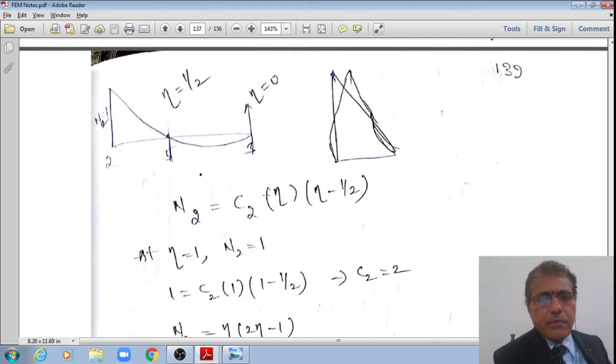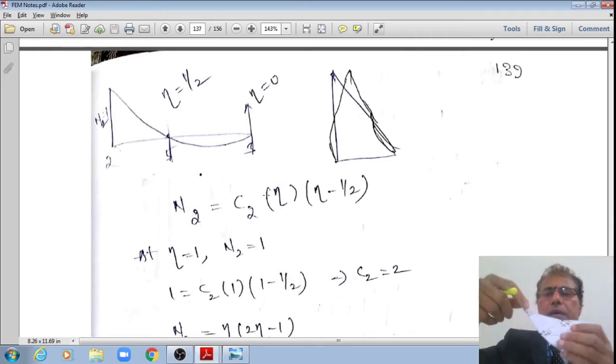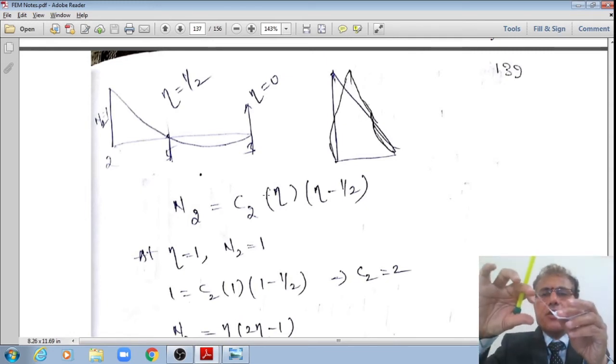Sorry students. Now in a similar fashion, we will say that for the derivation of the second shape function, if a load of 1 unit is applied, it will absorb the entire 100% load, leading to that 100% contribution.